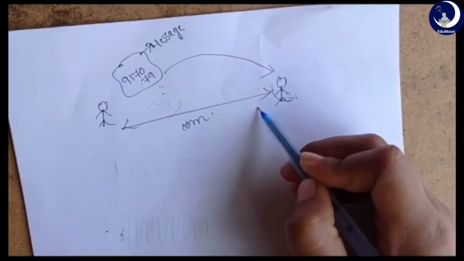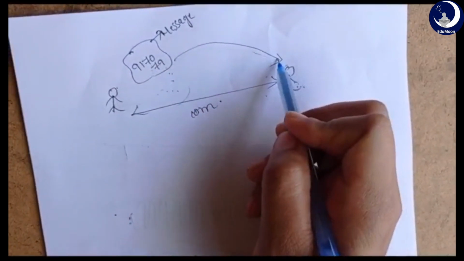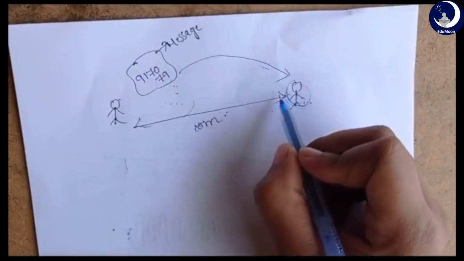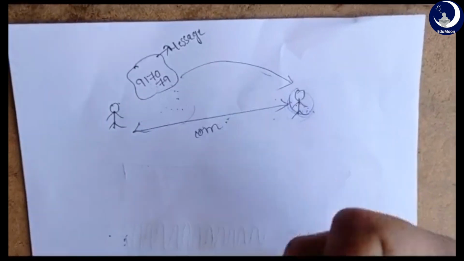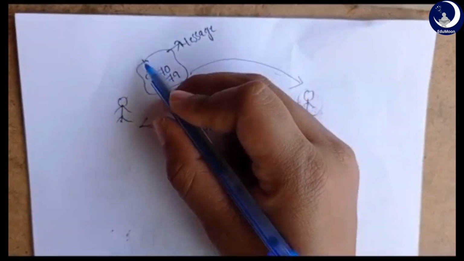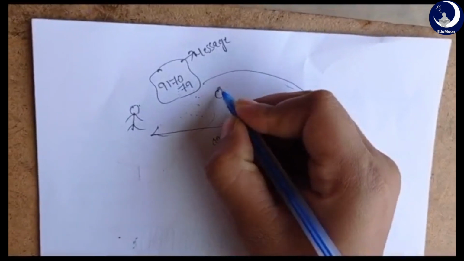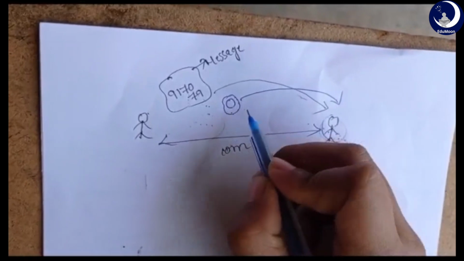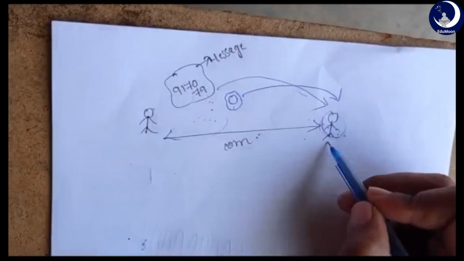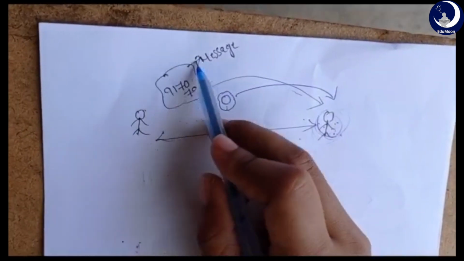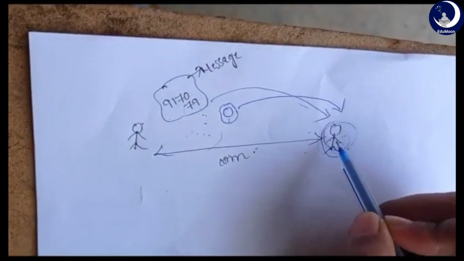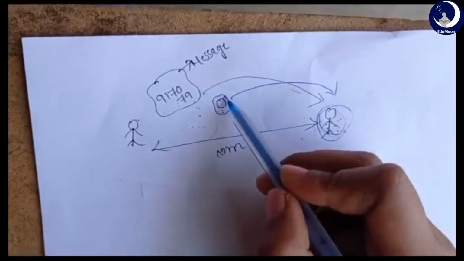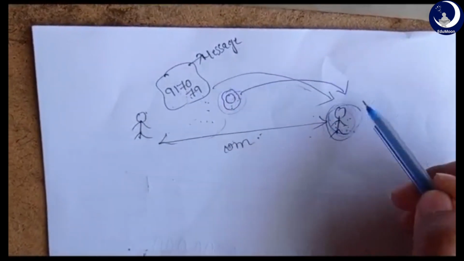No, right? You are throwing a piece of paper, but he might not receive it because he is nearly 10 meters away from you. Now let's consider another point of view where you wrap this paper around a stone and throw it.